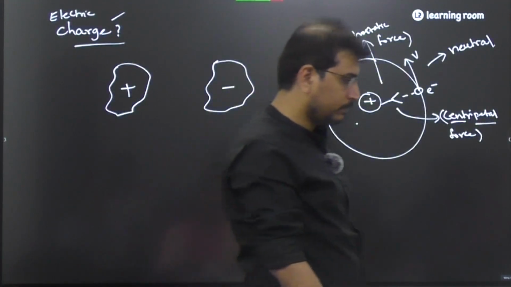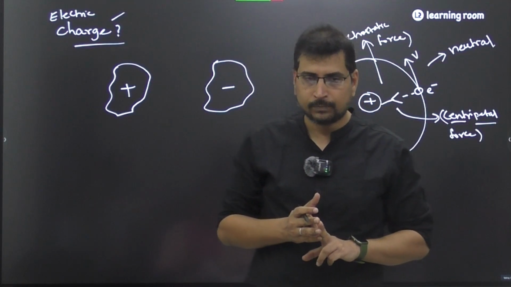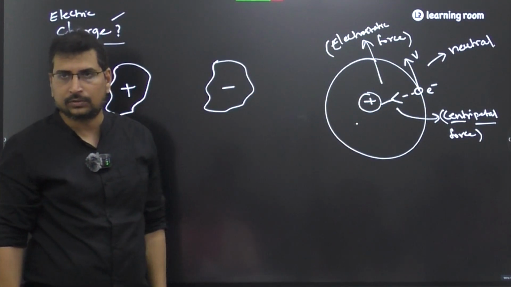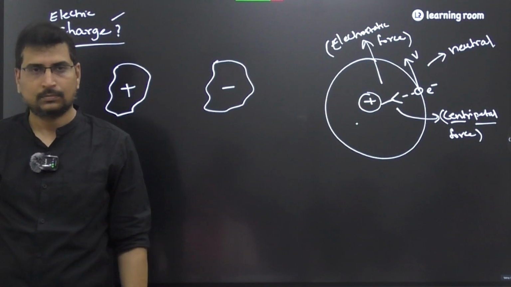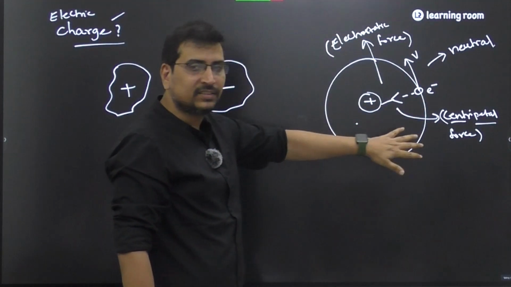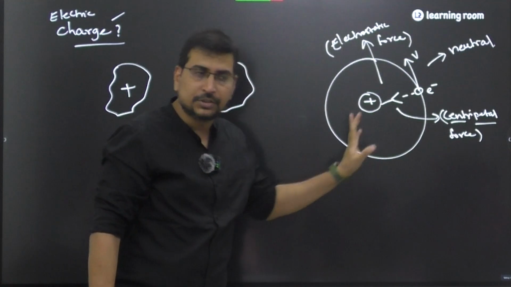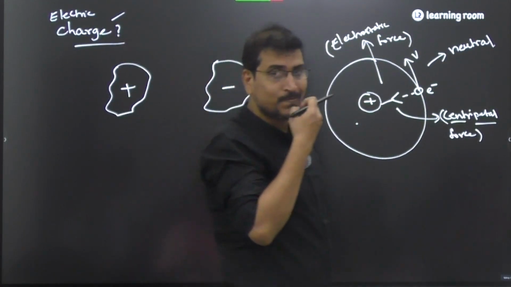I'll give you a hint. If somebody put that question to me, I'll think it two ways. I can say positive charge is possible when I have excess amount of protons or deficiency of electrons. Both are right. Similarly, when I say something is negatively charged, I can say there is an excess amount of electrons and deficiency in protons.